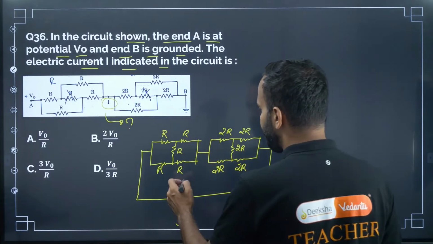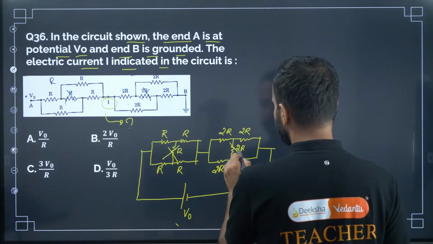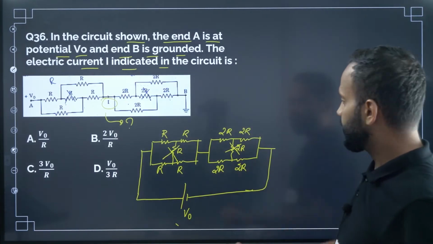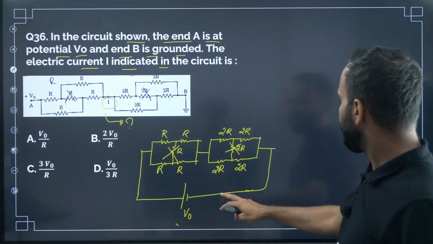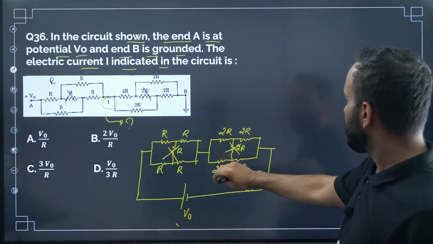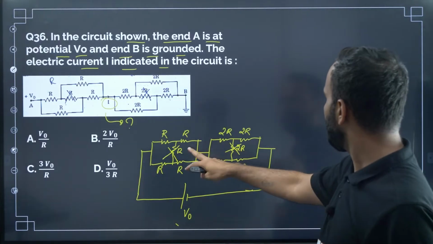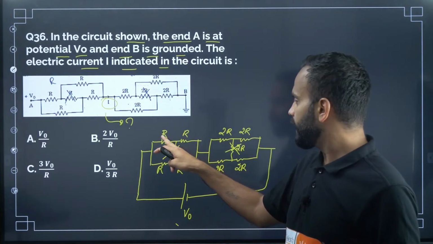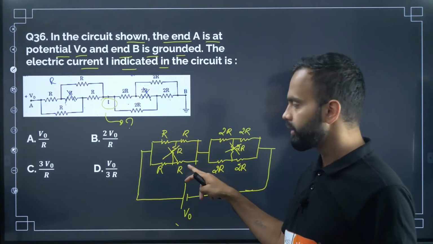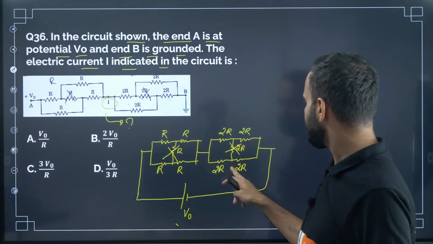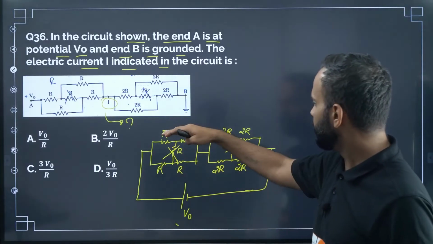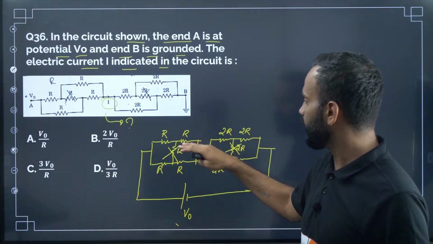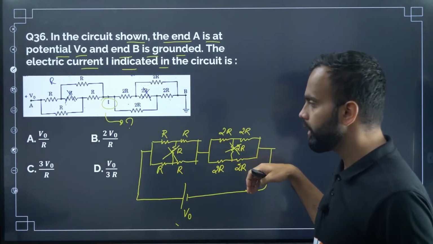So now you can neglect these two resistors, right? That is R and 2R resistors. So now these two are in series, these two are in series, right? Then here R, R and R, R, these two are in parallel and parallel, right?